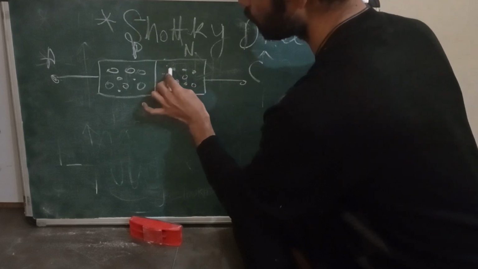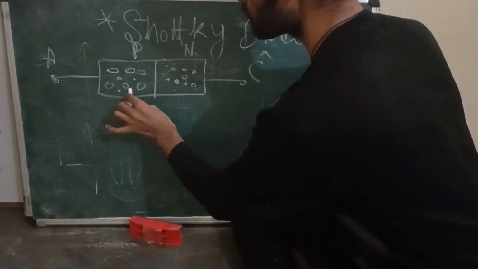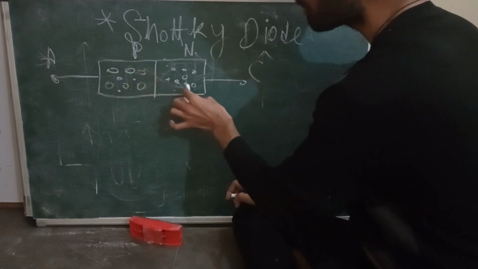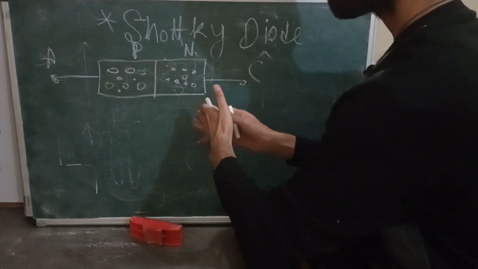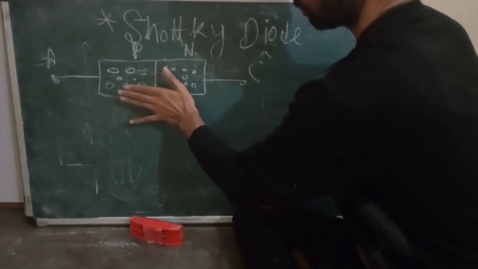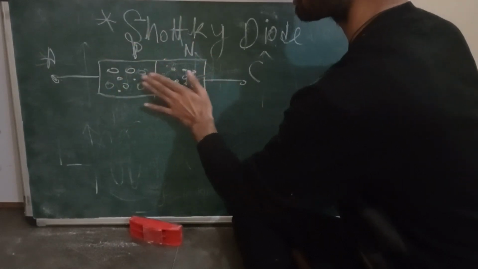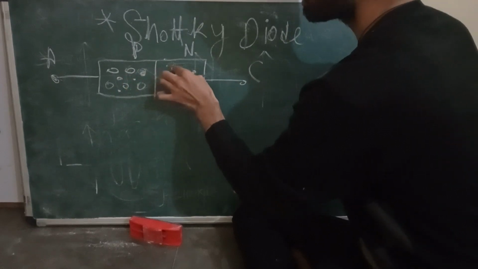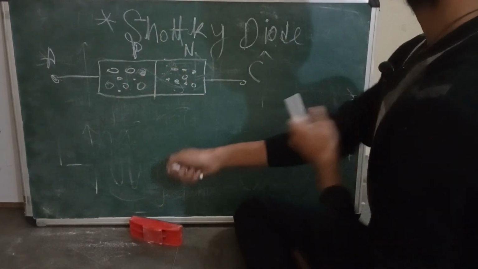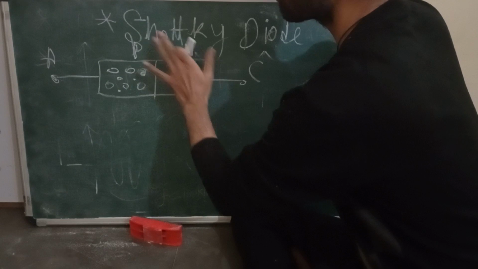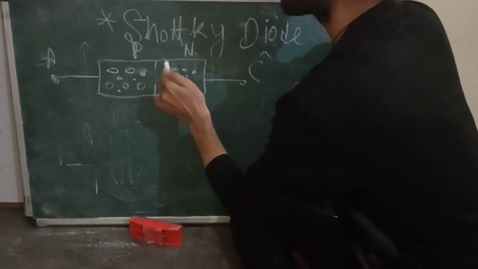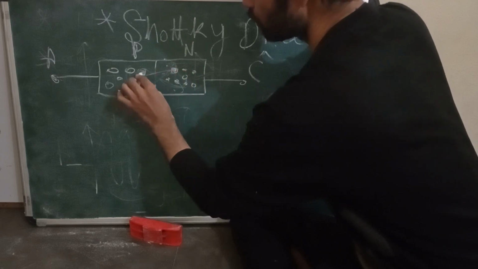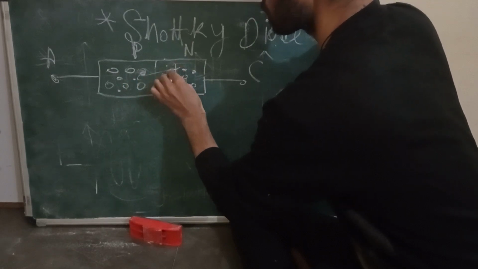Here, electrons will migrate from the N side to the P side, and holes will migrate from the P side to the N side. The charge will flow like this, from higher concentration to lower concentration. When this diffusion happens, the N side, having given electrons to the P side, is left with a positive charge.